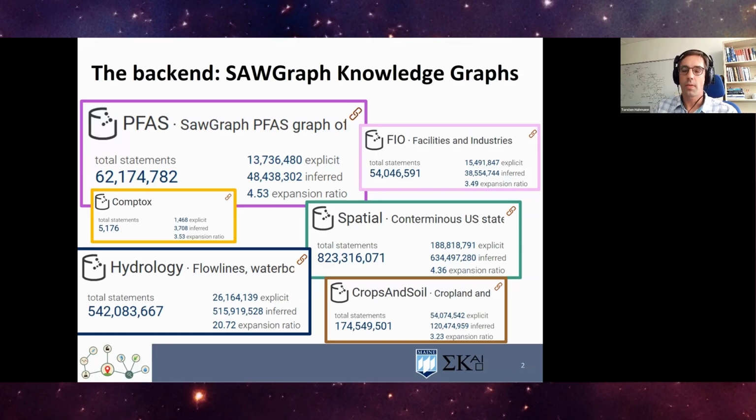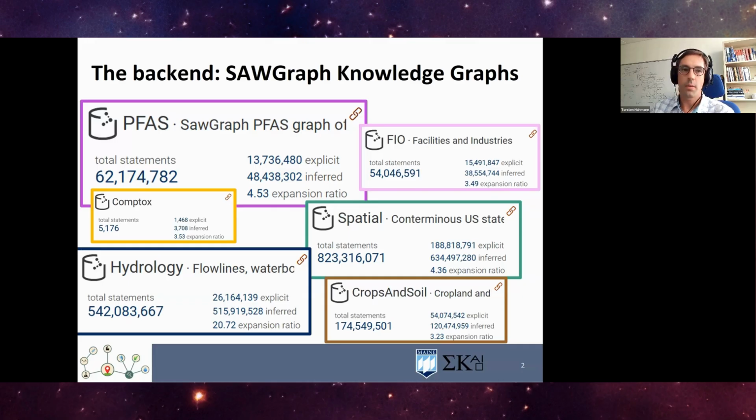The green graph contains spatial information about the 48 lower states with state, county, and town boundaries, and the blue graph contains hydrological information about surface water, aquifers, and wells. So there's the sixth one that is about crops and soil. Right now, this is only populated with crop information about what crops are grown.